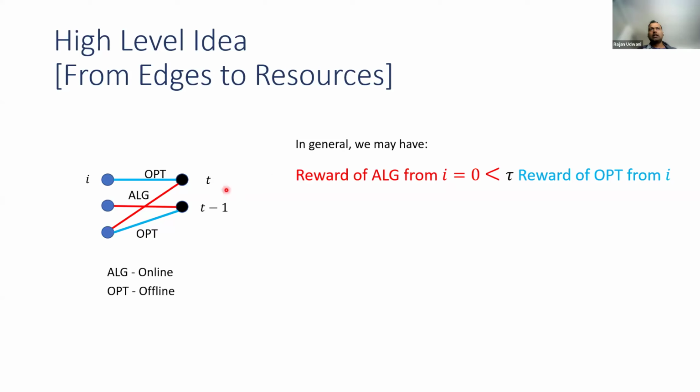But at the same time, this is a very simple example. What's happening here is that alg has multiple options. It could match T to I, it could match it to some other resource. So it decides to go for the other resource, right? So maybe the right thing to look at is not just the reward that alg makes from I, but also, if it had an alternative at T, what is the reward that it made from that?